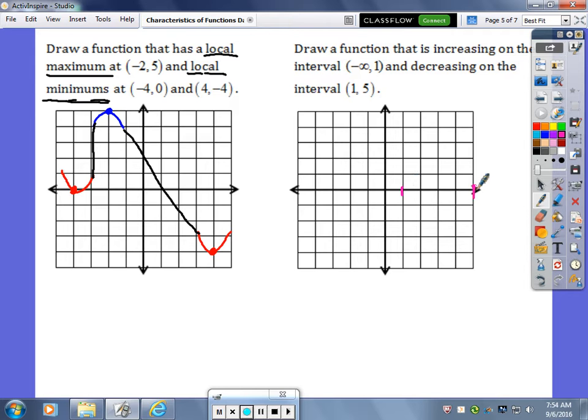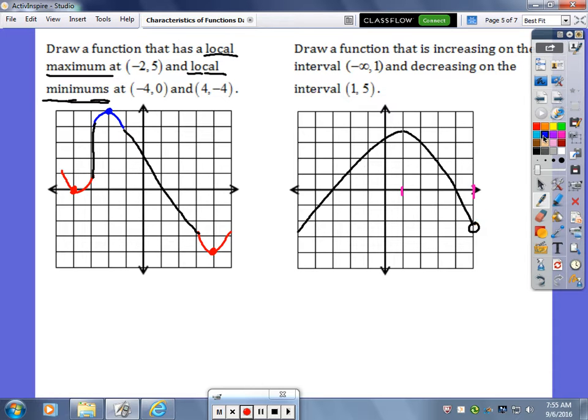Now we are not being told where that curve lies or how high it goes up, so all we know is we can go from here all the way up to our maximum, and from there we then go down and stop here at 5. We have no information about where that curve continues. Since we're stopping at 5, we need to give it an open circle.